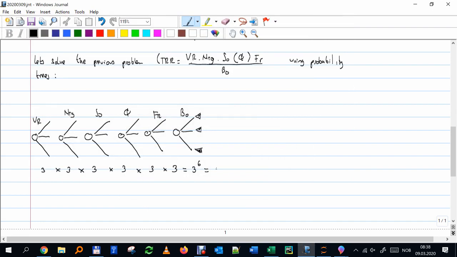I have 729 paths that I have to explore on that tree. Now that's one thing. So how do I decide?